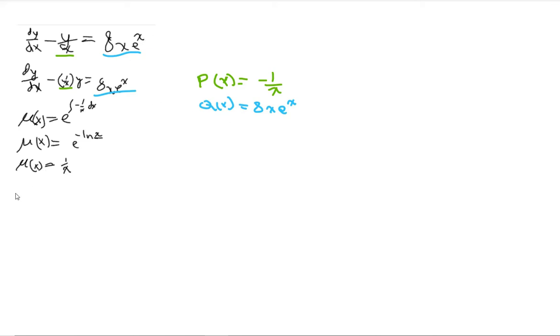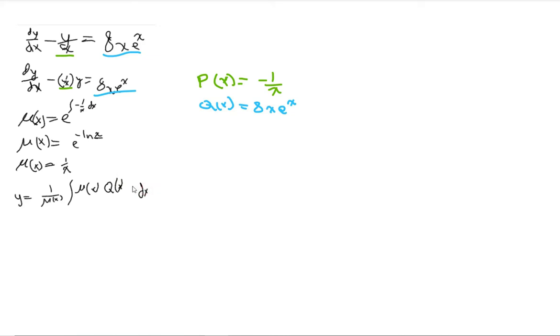So the main formula that you're going to plug this all into: y equals 1 over mu of x times the integral of mu of x times Q of x dx.